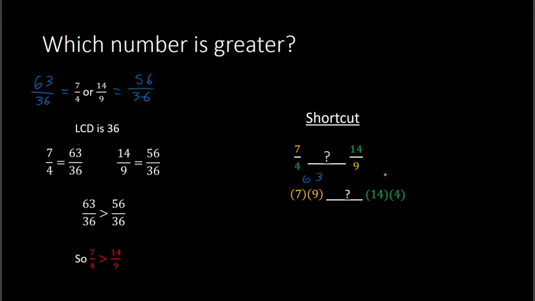Over here, that's 56. And so I determine which of those are bigger, and 63 is bigger than 56. So therefore, that first fraction is bigger than the second fraction. Whatever sign I'd put in here to make this true, that's the sign I'm going to put in here to make this fraction true. So therefore, 7/4 is greater than 14/9.